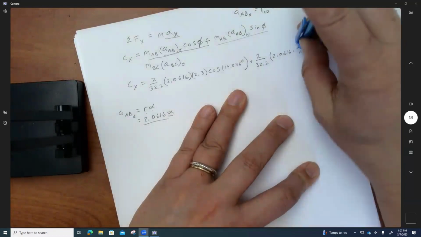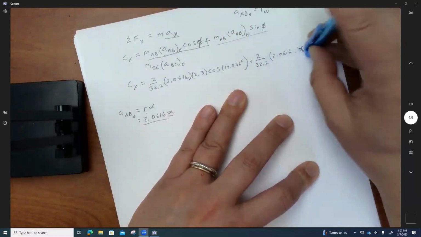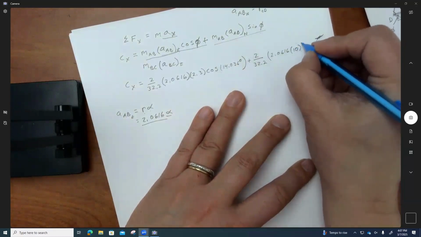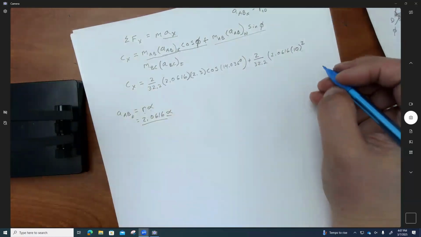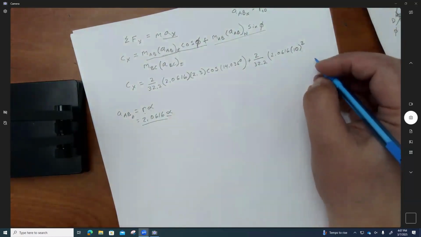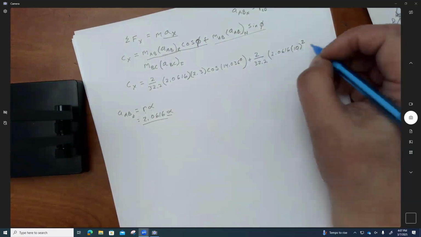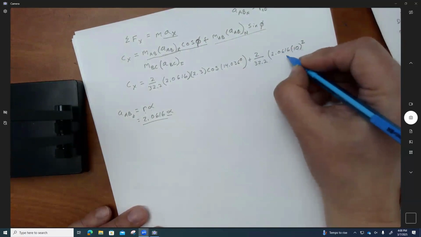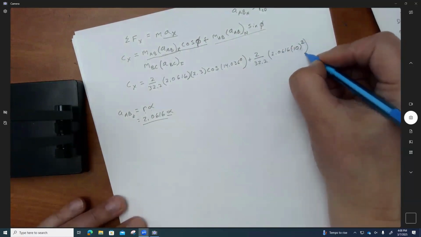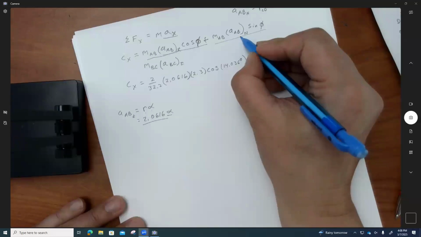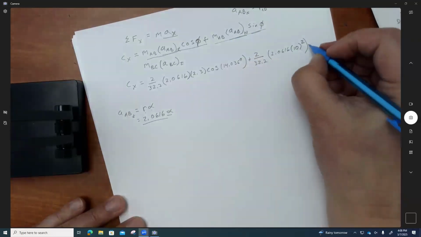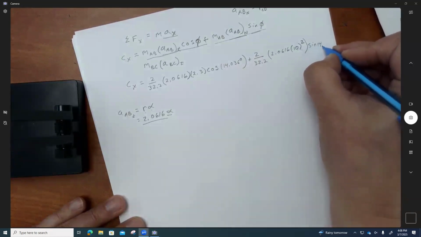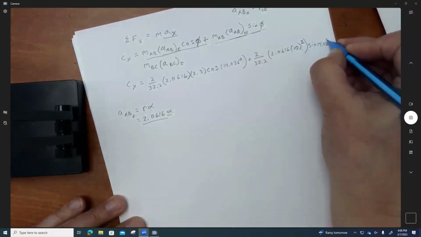Let's put omega into our problem. 10 radians per second, and that's going to be squared. And again, this is more of a scalar approach, so I haven't been putting in all the i's and j's and k's and doing the cross products. Let's see. And so we've got our normal component there, and then sine of 14.036 degrees.